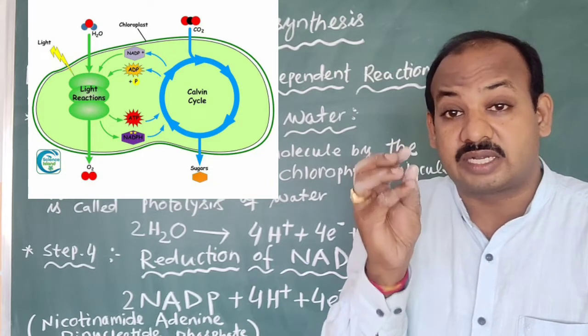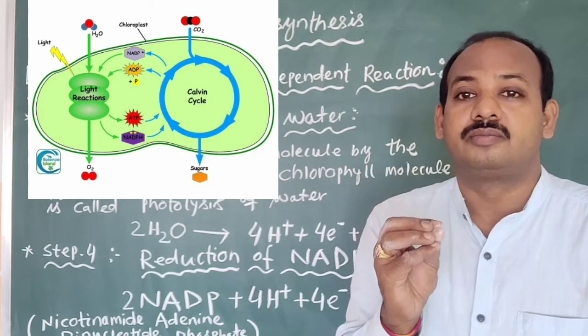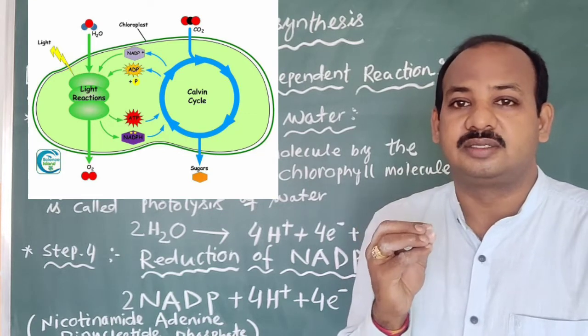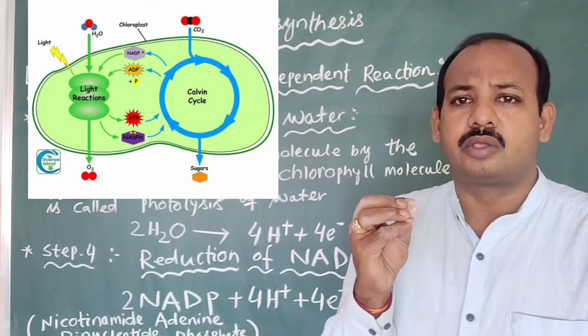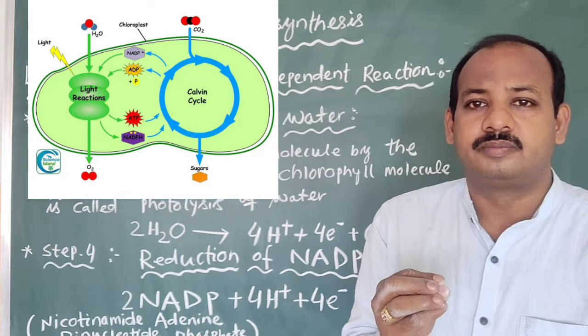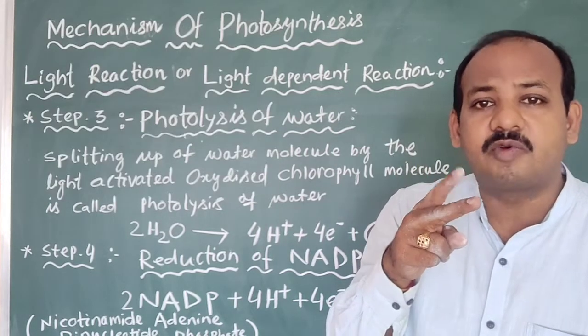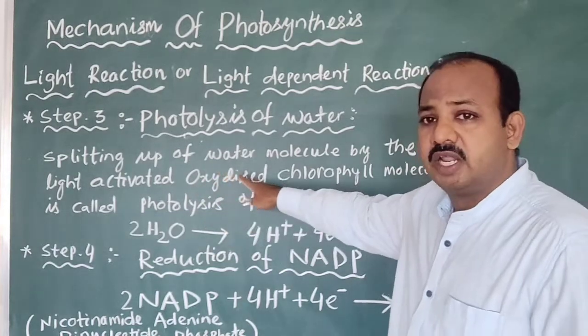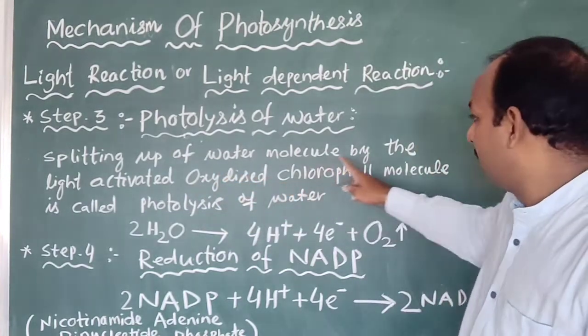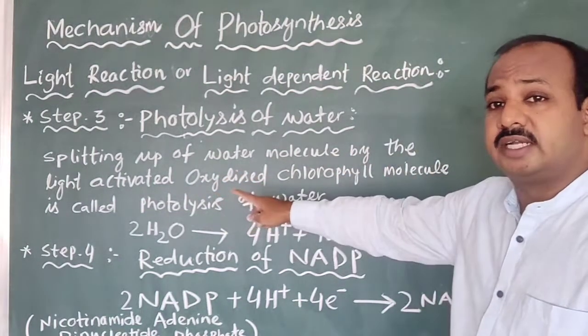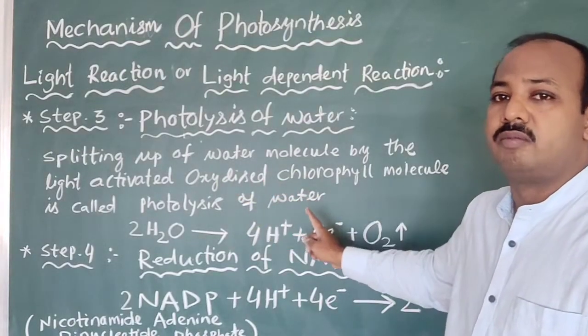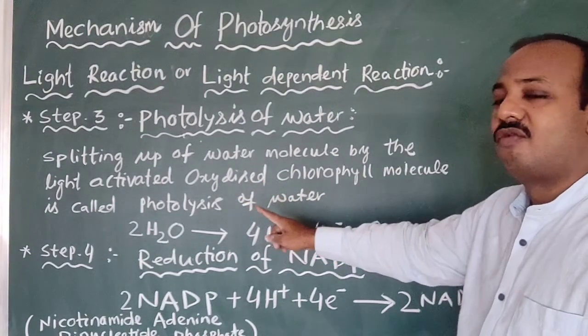So that oxidized chlorophyll molecule has a lot of energy, so it can break up the water molecule. That is called splitting up of the water molecule by the light activated oxidized chlorophyll molecule, photolysis of water.